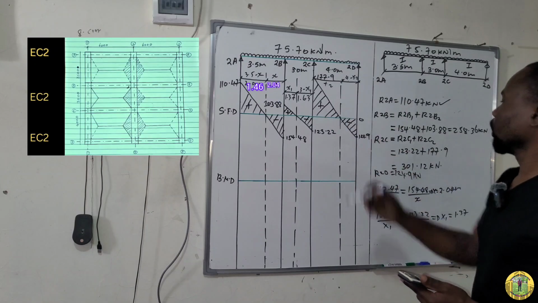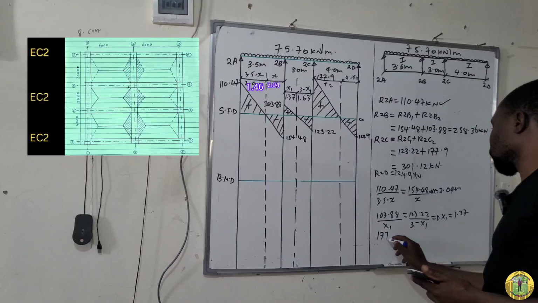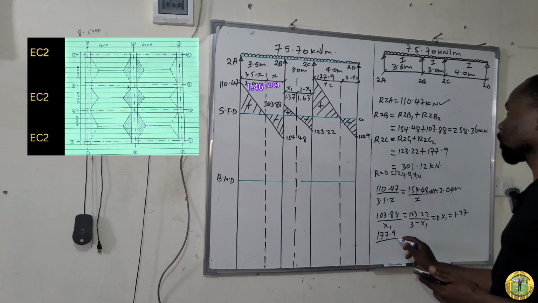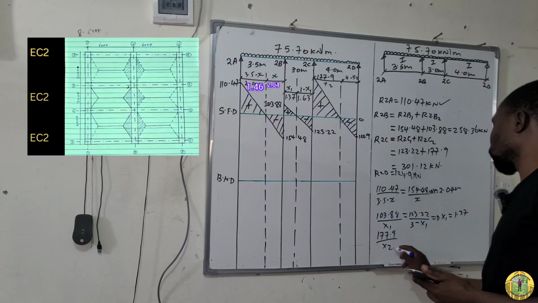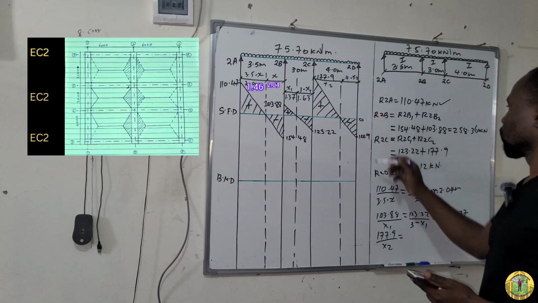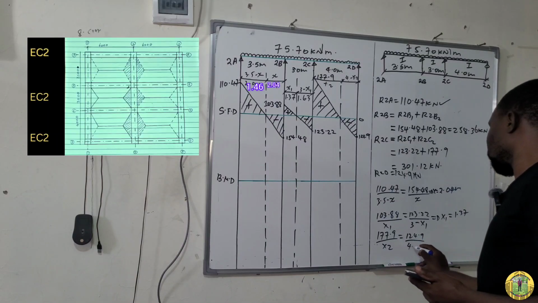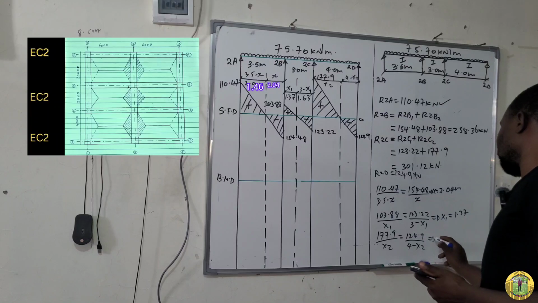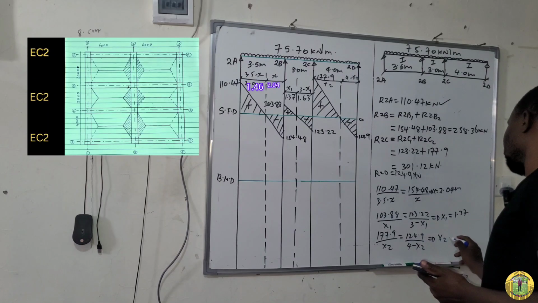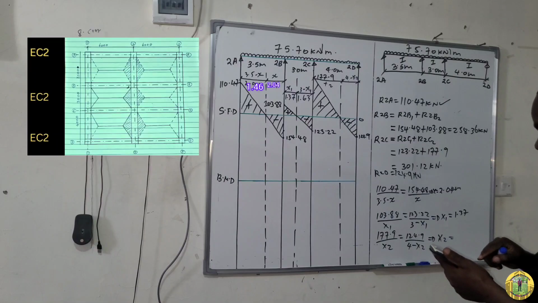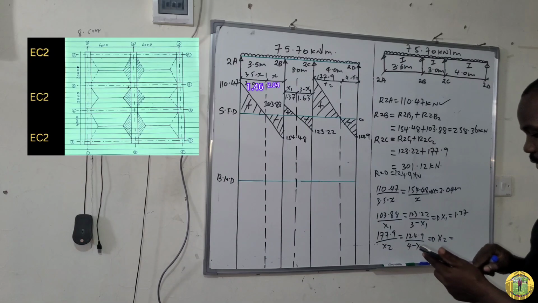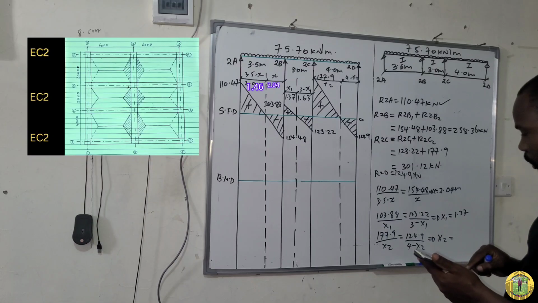This side from here to here is 177.9 all over x2 is equal to 124.9 all over 4 minus x2, which implies x2 is equal to 177.9 times 4 divided by 177.9 plus 124.9.